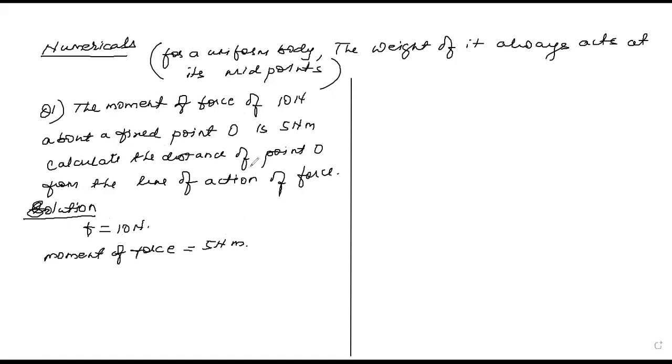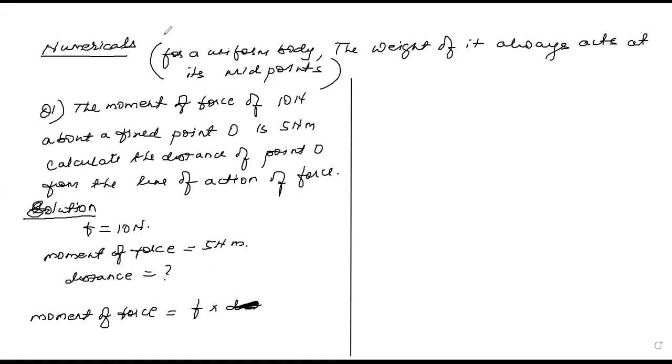Now calculate the distance of O from the line of action of force. What they want is the distance. So what is the formula, beta? Whenever moment of force comes, you have to remember the formula for moment of force. Moment of force is force into perpendicular distance from the line of action of force.